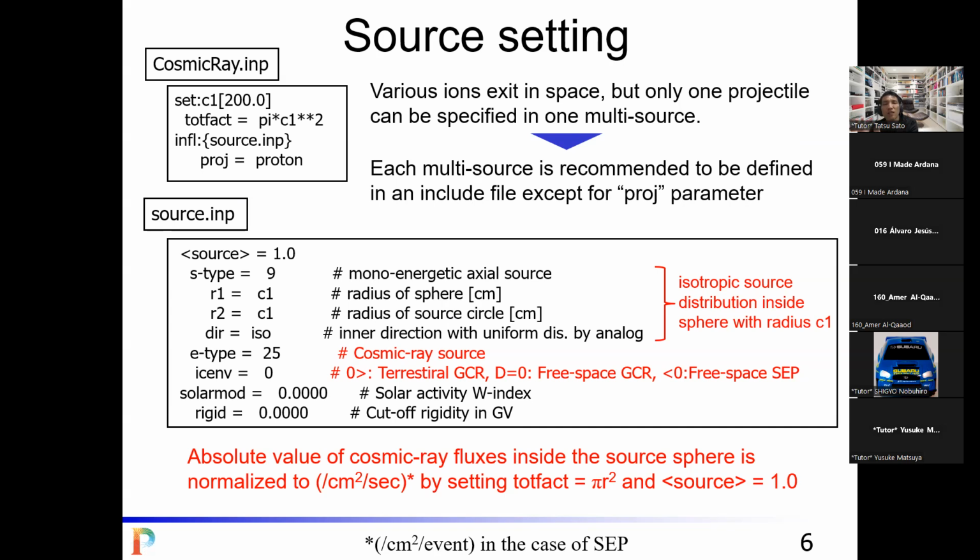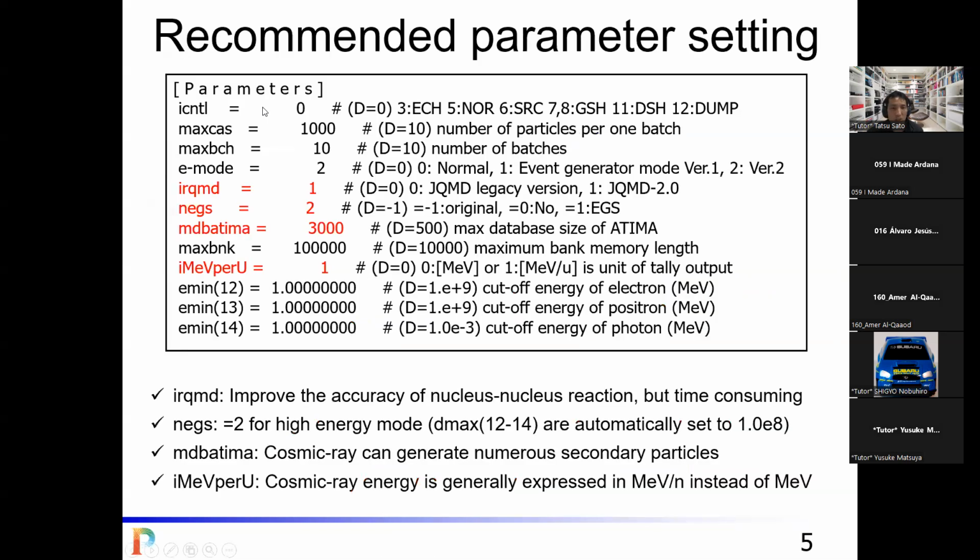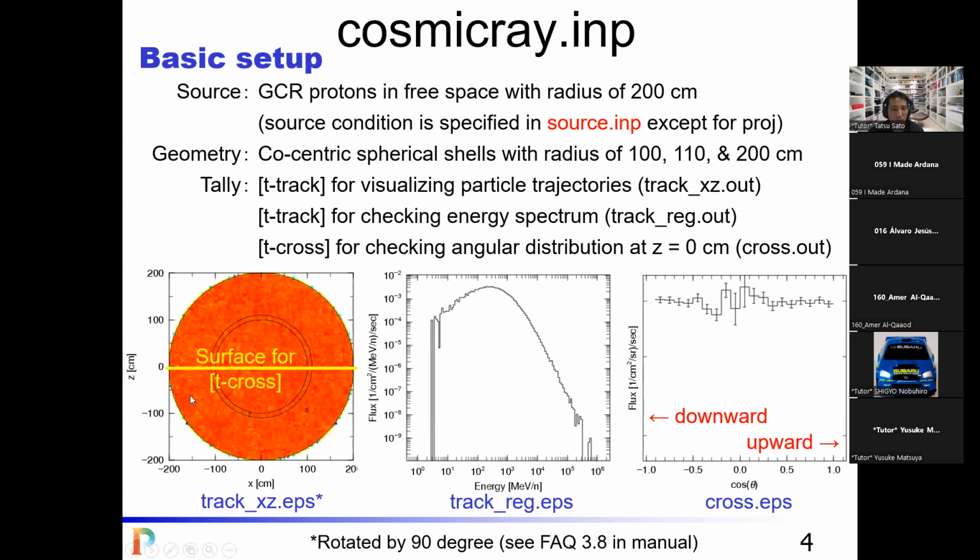Generally, the inner and outer radius are the same, so you can make a spherical source. The radius is defined by the C1 parameter. In this case, 200, so 200 is the size of this one.